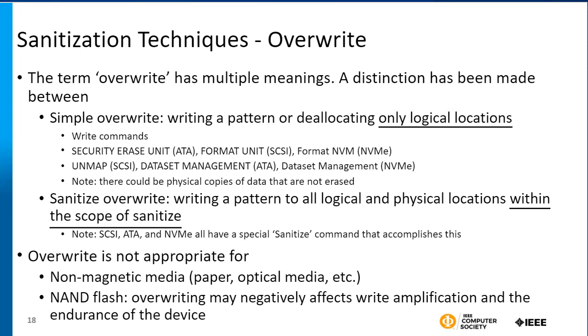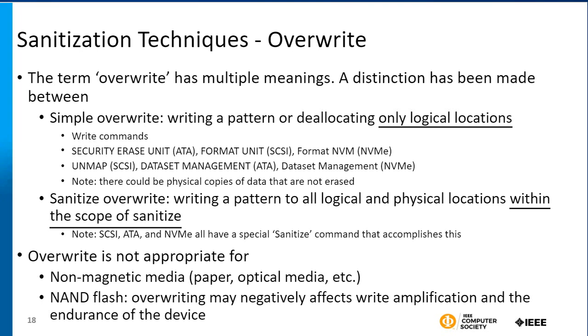Now, overwrites, especially if you're just writing ones and zeros, can be somewhat cumbersome, depending on the size of the storage, the capacities, but it doesn't necessarily work well for paper and certain optical media. These non-magnetic media, overwrite doesn't work very well. If you think about paper as an example, it's not very easy to overwrite paper.